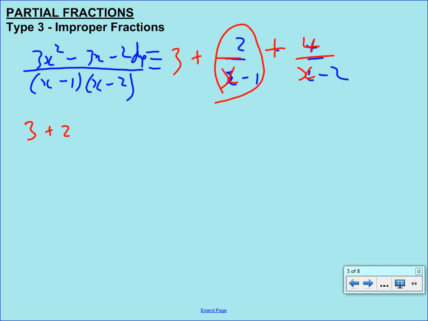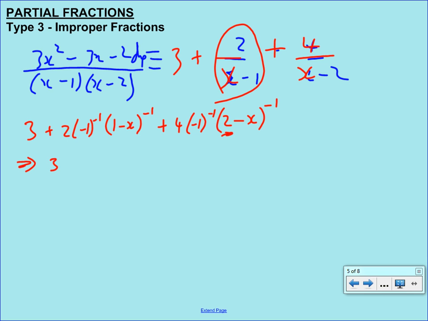So if I take out the minus 1, this is 2 times minus 1 to the power minus 1 of (1 minus x) to the power minus 1. Yeah? And the same again on the other one, I've got plus 4. I need to take out a factor of minus 1 to the minus 1, and I get 2 minus x, but I still haven't got a 1, so I need to take the 2 out as well.